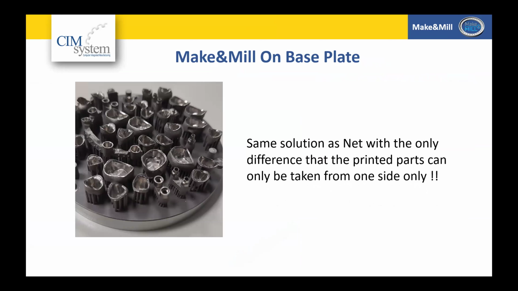This setup is similar to the net, but with one key difference, that you have to flip the part, and all the finishing must be done from the top side only, because on that side we need to refine the screws. For example, the screw seat inside the implant connection, we need to finish those with the T-tools. Okay. So using the T-tools not only makes the operation possible, but also significantly improves the precision and the surface quality of the result. Okay.